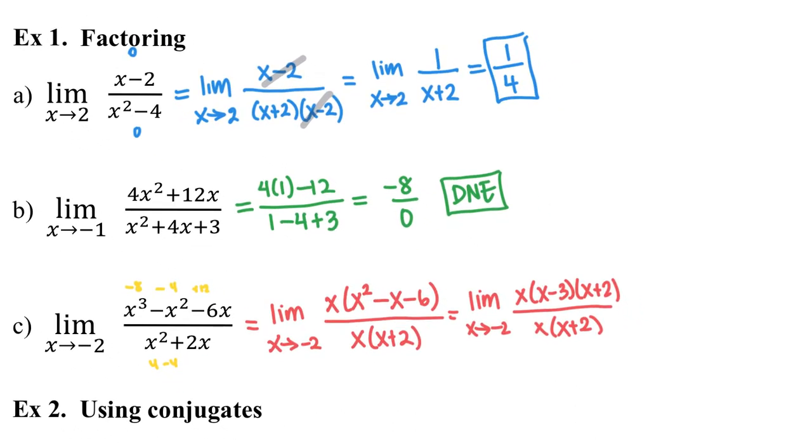Okay, so can I cancel something out? Yes, I can cancel the x plus 2's. I could also cancel the x's. They're not really causing me any trouble, but to make it easier on myself, I can. Okay, I'm going to bring it down here.